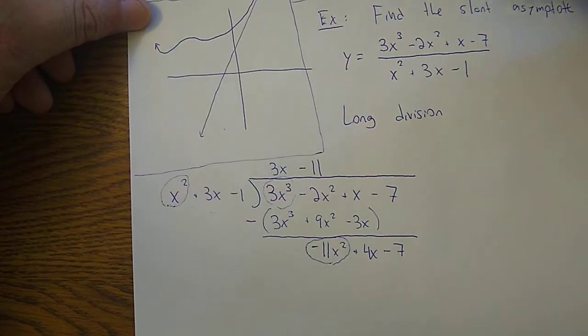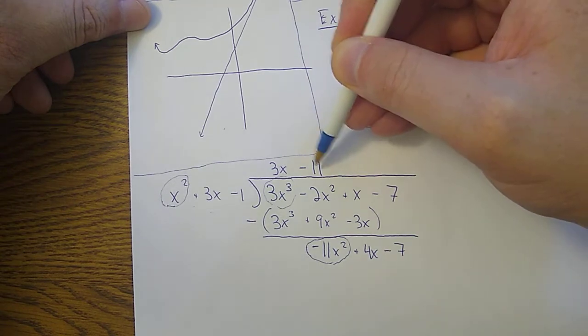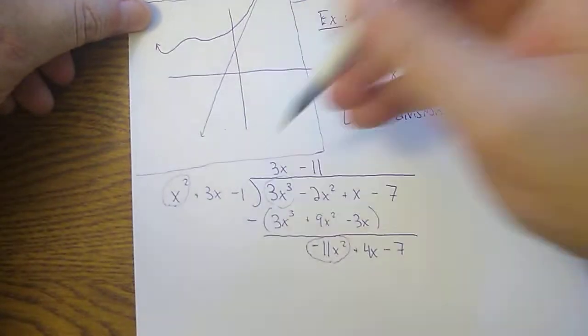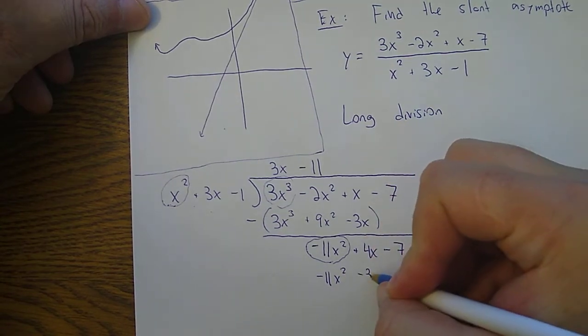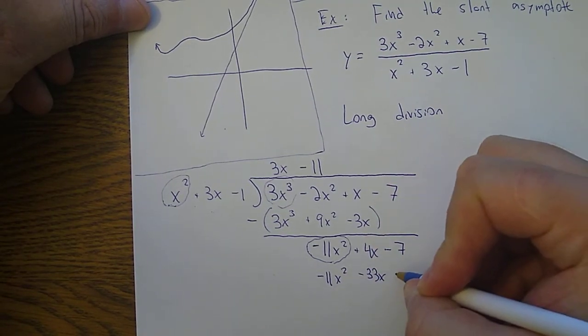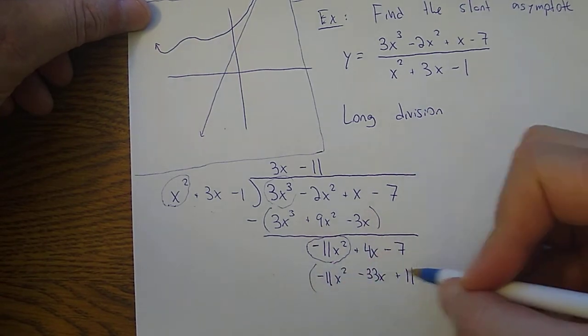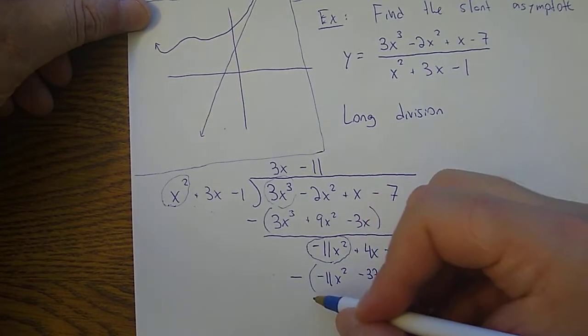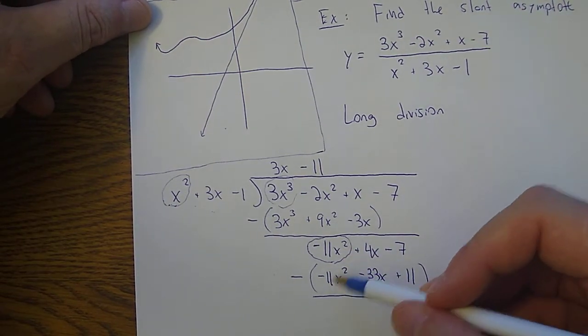And now I do the same thing again. I just wrote a number up here. That means I'm going to take that number and multiply it through everything here. That's -11x squared minus 33x plus 11. I subtract all of that from what's above. The first thing should just go away.